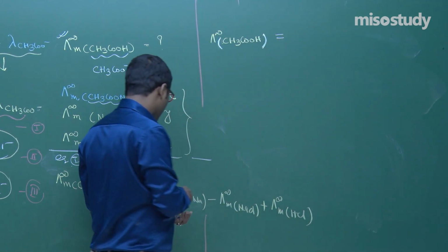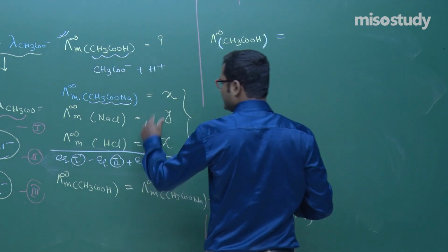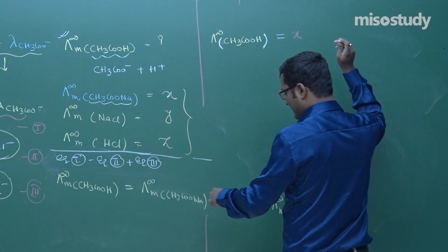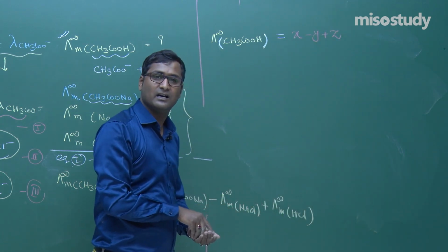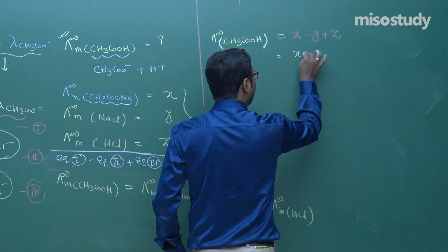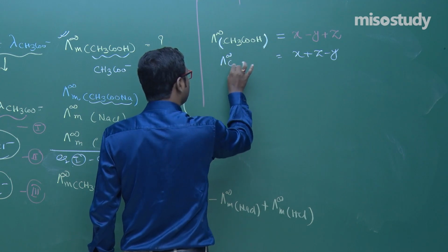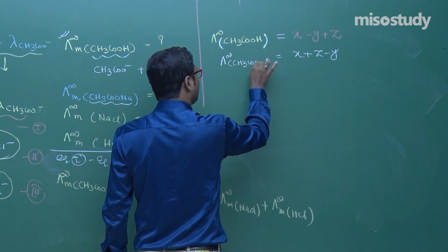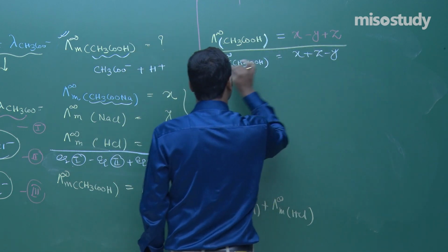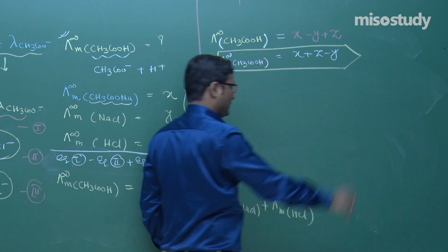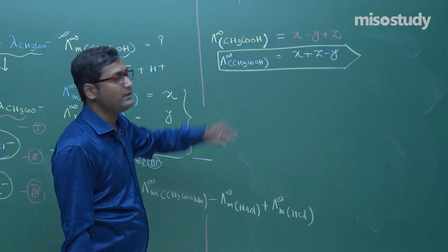It is equal to the molar conductivity of CH3COONa, which is given here as X. What is NaCl? Minus Y plus Z. That is the case. This is the formula. So finally we will write here X plus Z minus Y. This is the molar conductivity at infinite dilution of CH3COOH. So by using the data you can get the molar conductivity of any component. X plus Z minus Y.